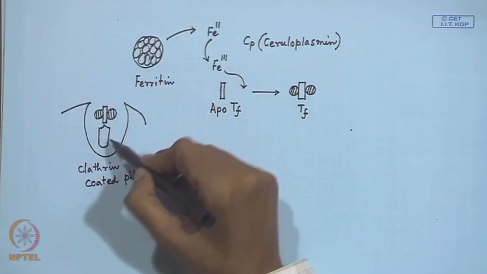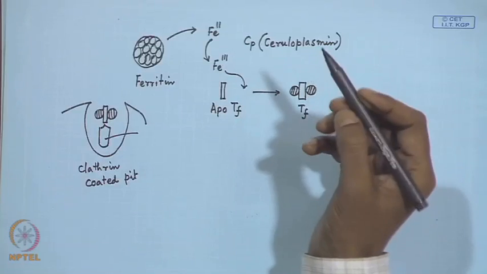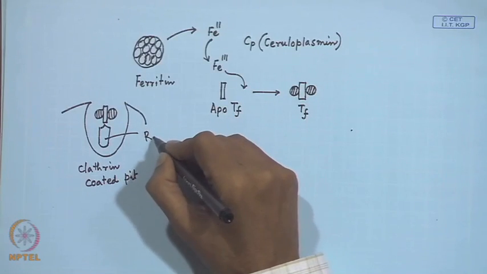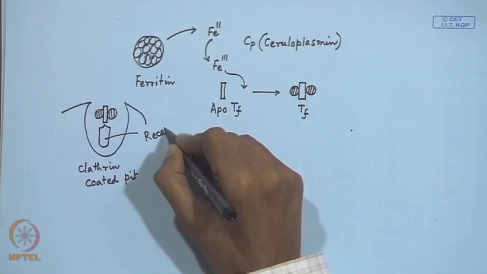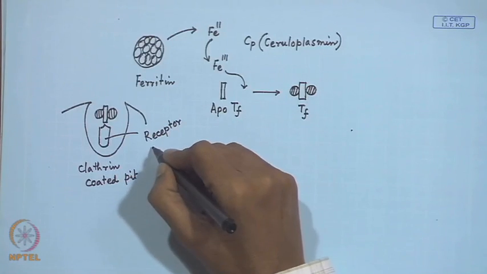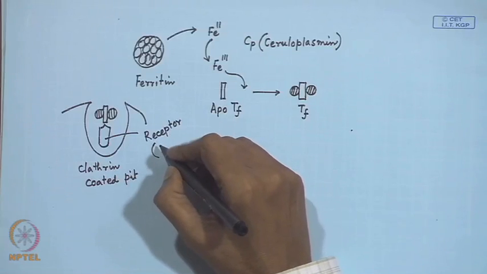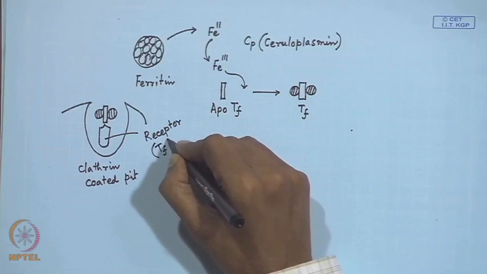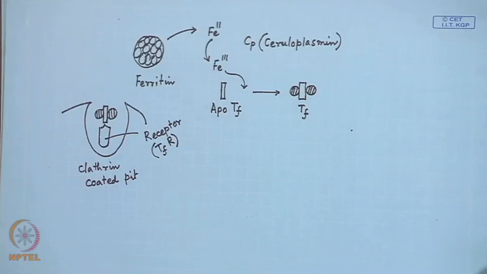So, these are basically clathrins. These are nothing but, you know the name, the receptor for transferrin. So, how do we designate that? This is designated as TFR, receptor for transferrin.